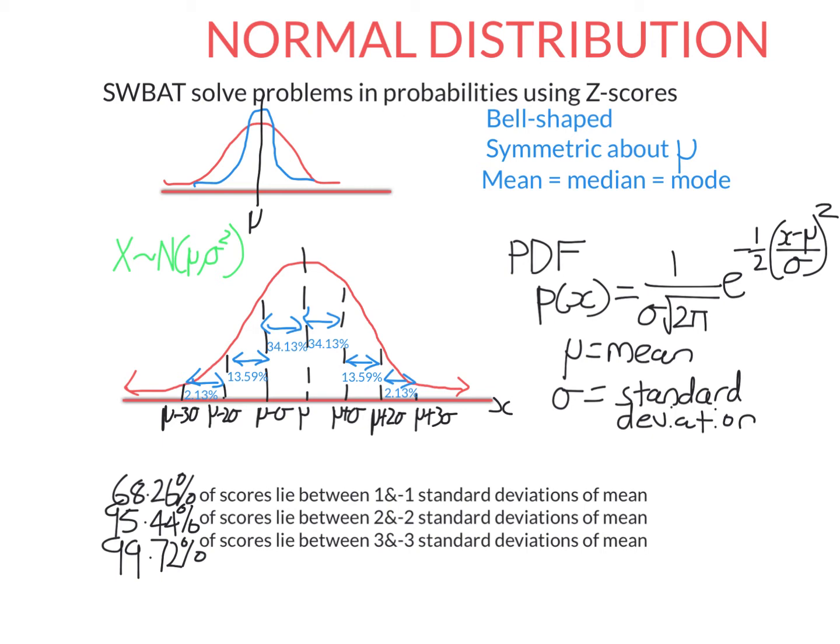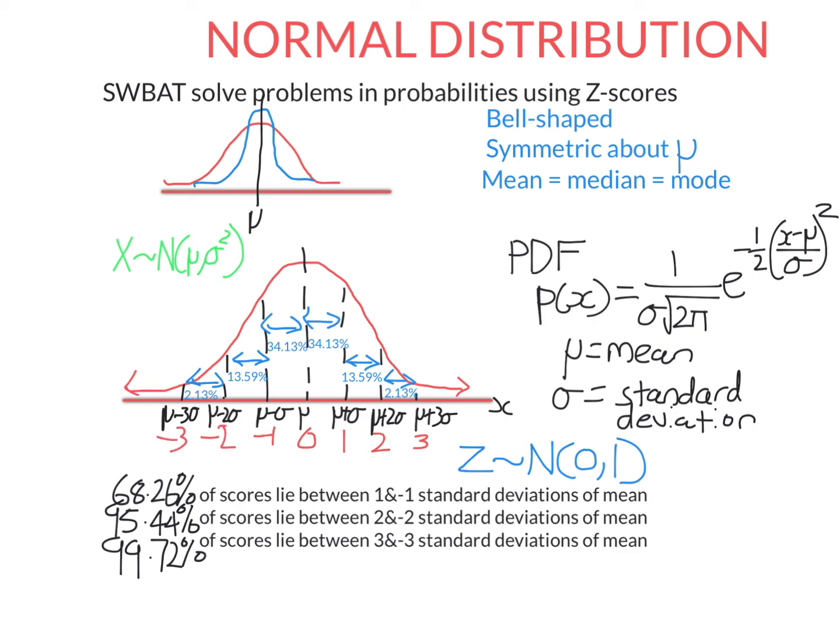To do this, I'm going to introduce the standard normal distribution, which is called Z. That's a normal distribution where the mean is 0 and the standard deviation and variance are both equal to 1. So if this was a standard normal distribution, mu would be 0 and it would go 1, 2, 3, minus 1, minus 2, minus 3.